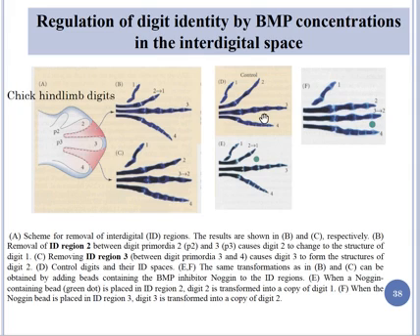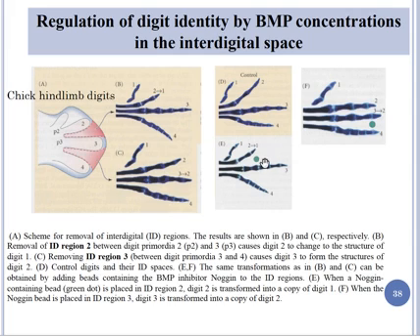So for this, they added beads containing a BMP inhibitor, because this interdigital zone expresses the BMP factor. They asked what would happen if we inhibit BMP in this zone.